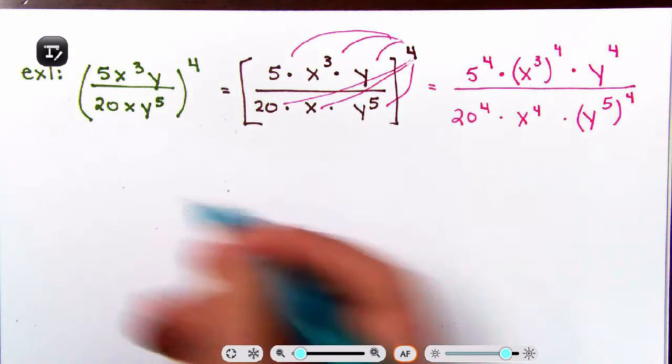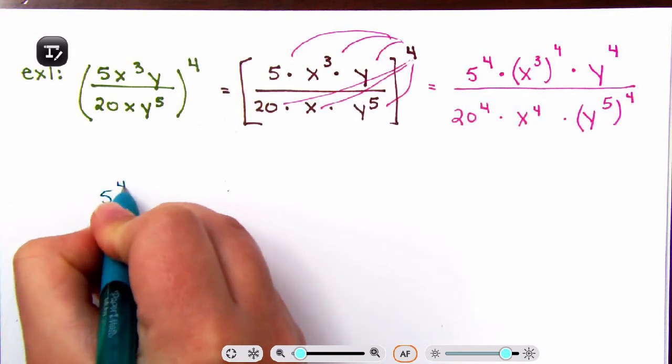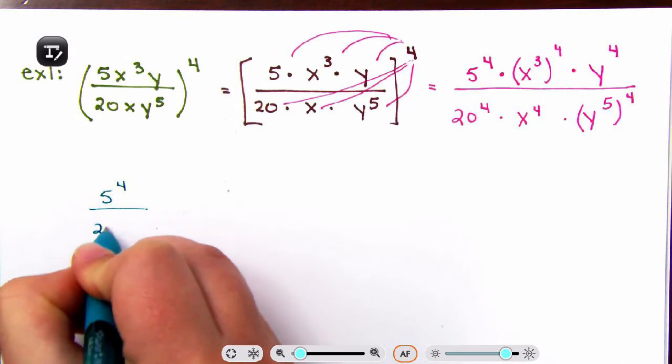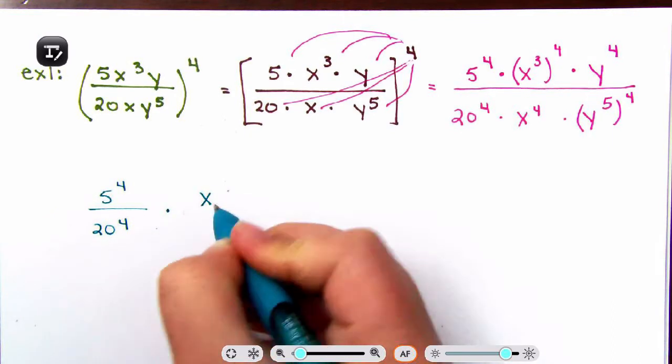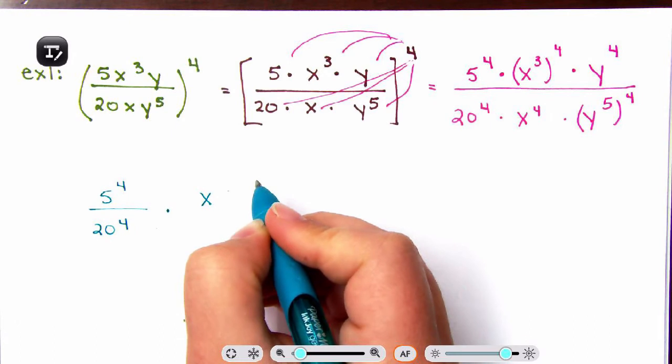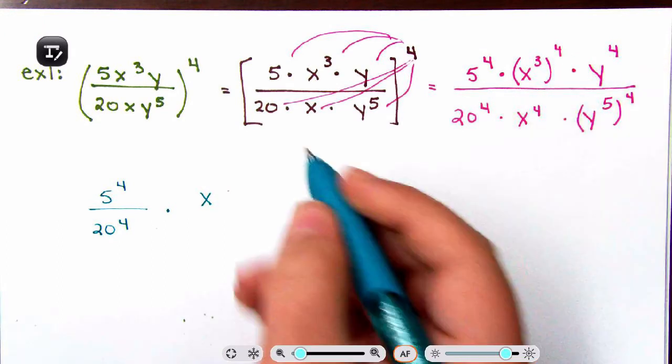All right, so let's go ahead and simplify this. 5 to the 4th power, we're going to keep that just for right now because I don't have a calculator right in front of me. I'm going to separate the numbers, times. Now I'm going to use my power rule, which says if I have an exponent being raised to an exponent, I'm actually multiplying them.